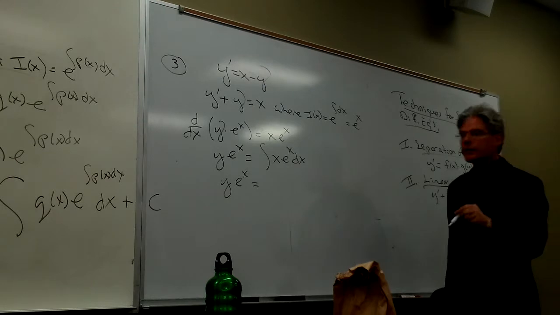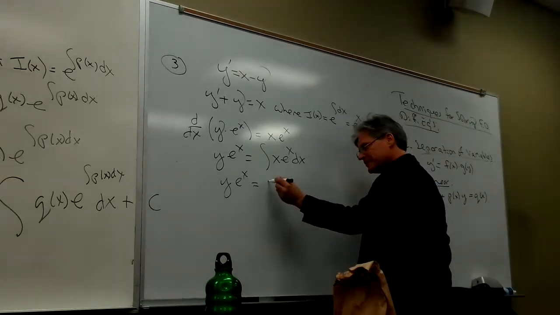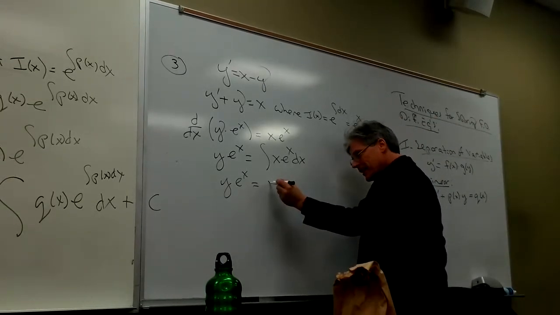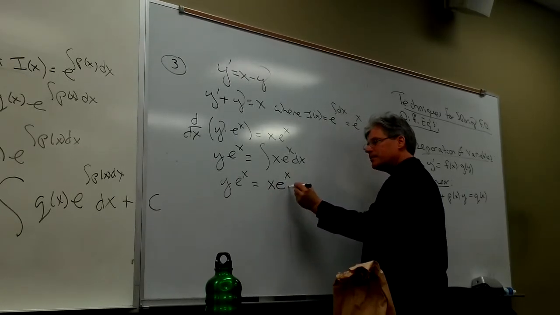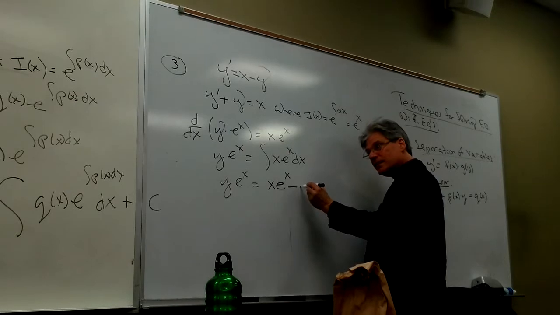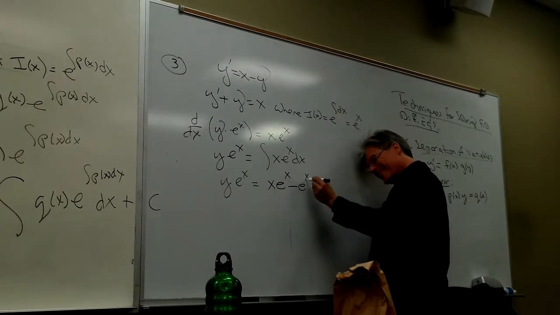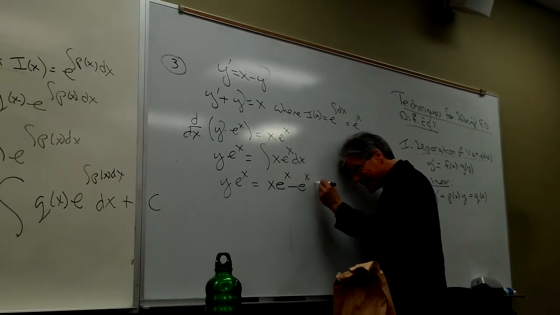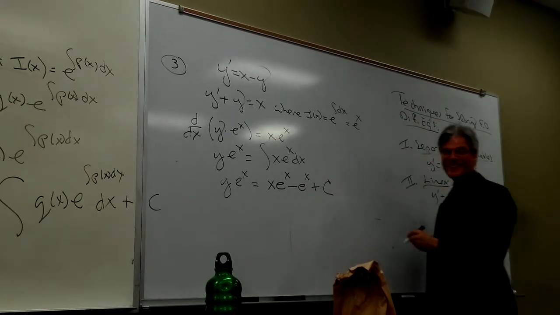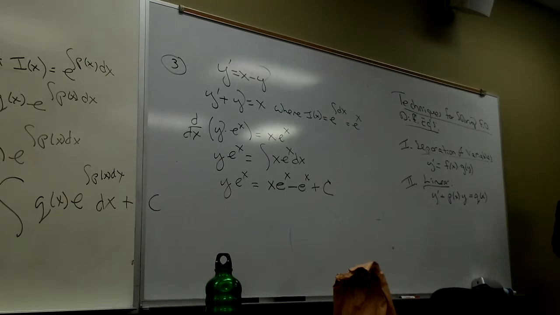The answer is x e to the x minus e to the x. See? Aren't you guys with me on this? It's just integration by parts in our heads, right?